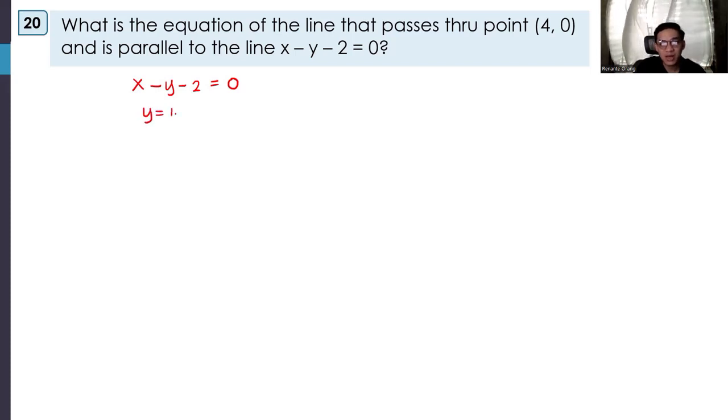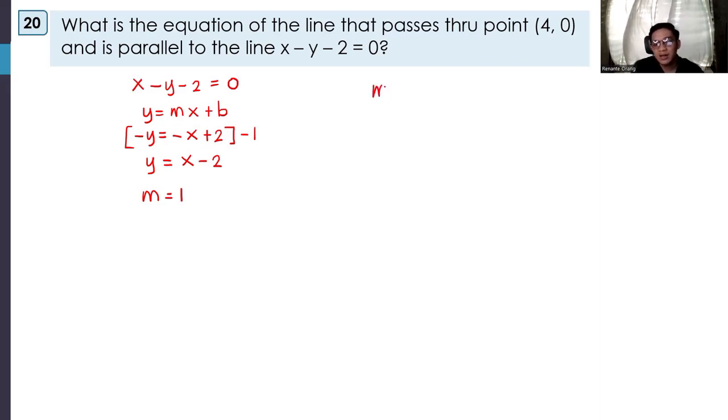Y is equivalent to mx plus b. And transform natin, magiging negative y is equivalent to, transfer natin si x sa kabila, negative x. Transfer natin si negative 2 sa kabila, magiging positive 2. Multiply both sides by negative 1, magiging y is equivalent to positive x minus 2. And by inspection po, yung m natin or slope is equivalent to 1.